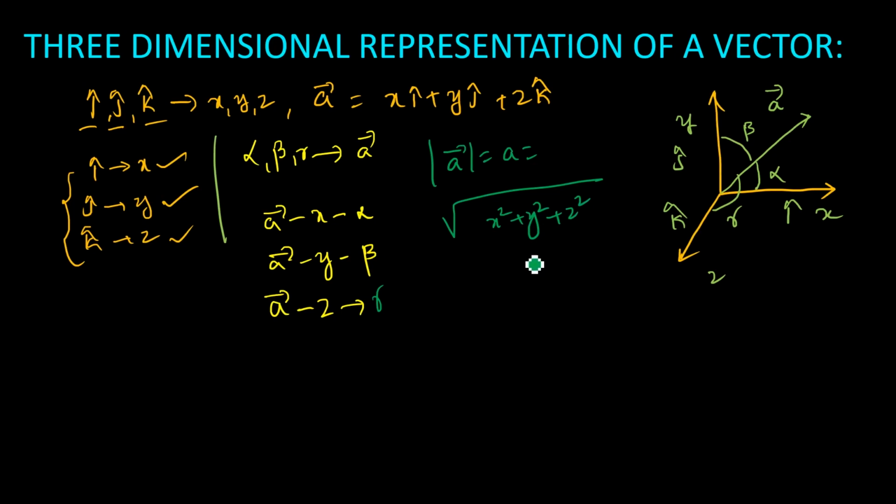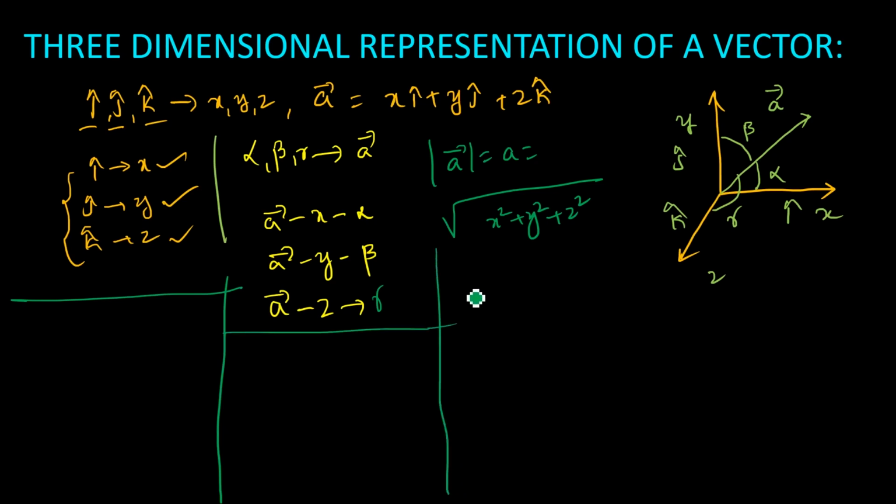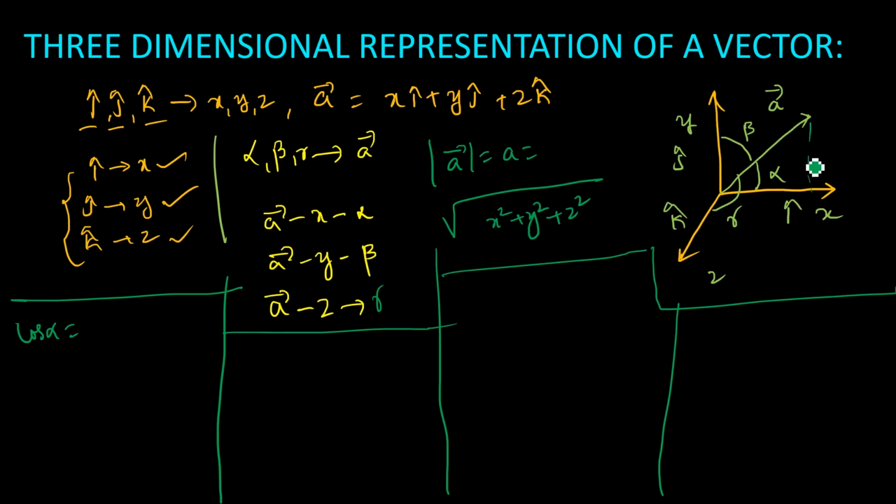So cos alpha equals x by root over x square plus y square plus z square.